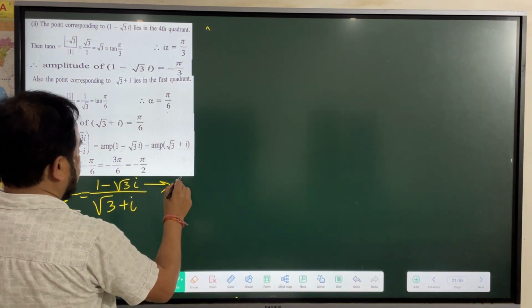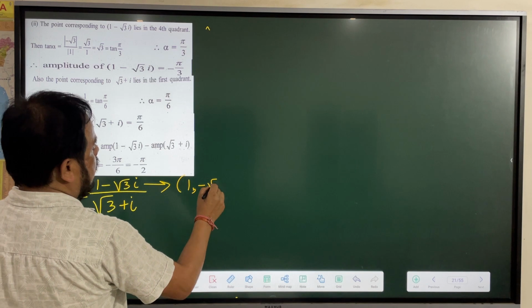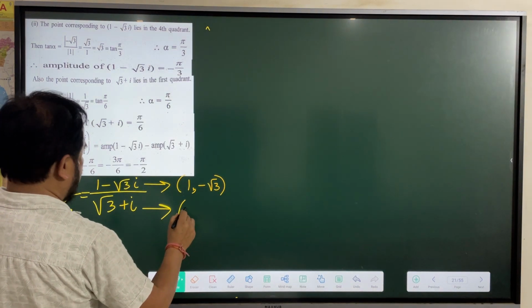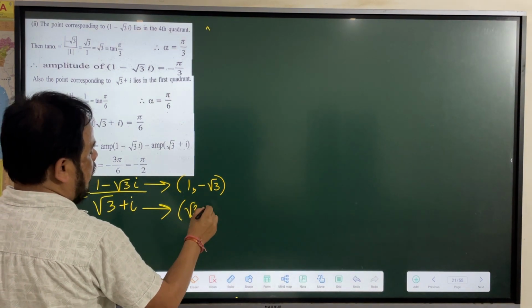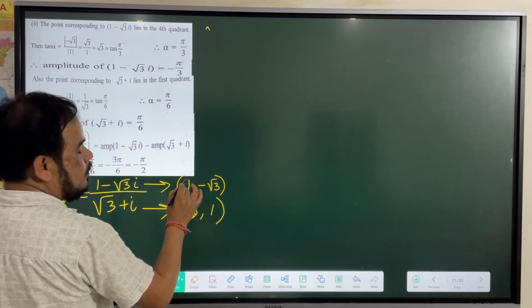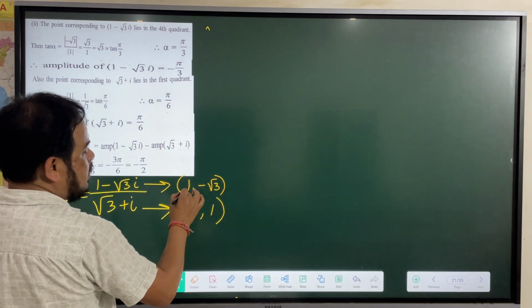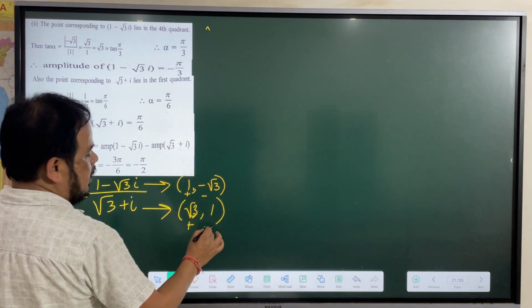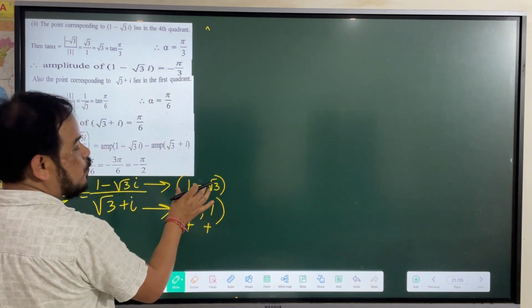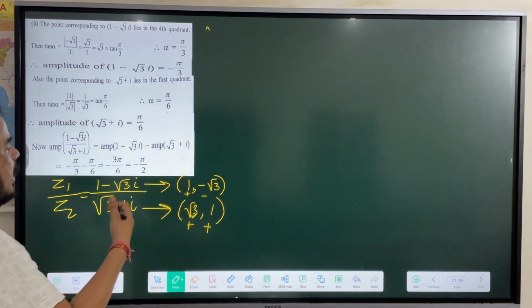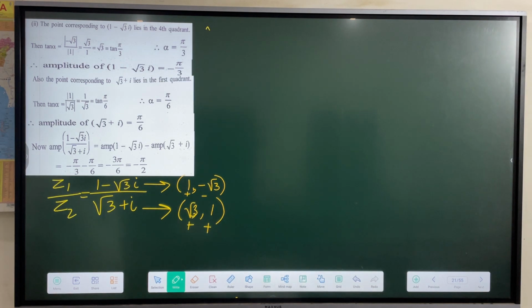So here this is 1 comma minus root 3 and this one is root 3 comma 1. This is the first quadrant. This is the fourth quadrant. Fourth quadrant, as we have done already, we can understand. This one I am not going to do again.